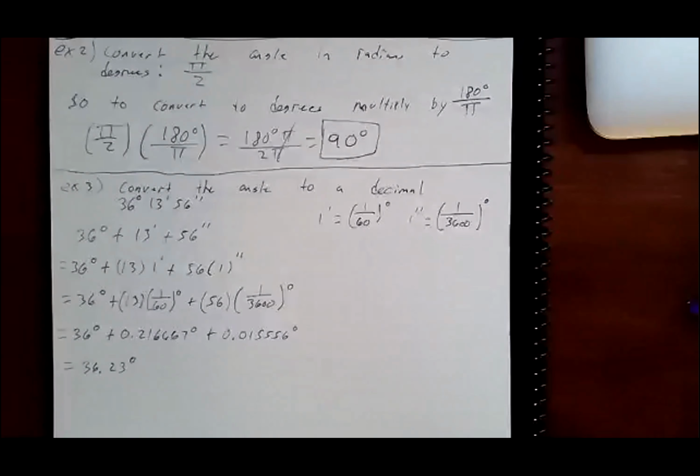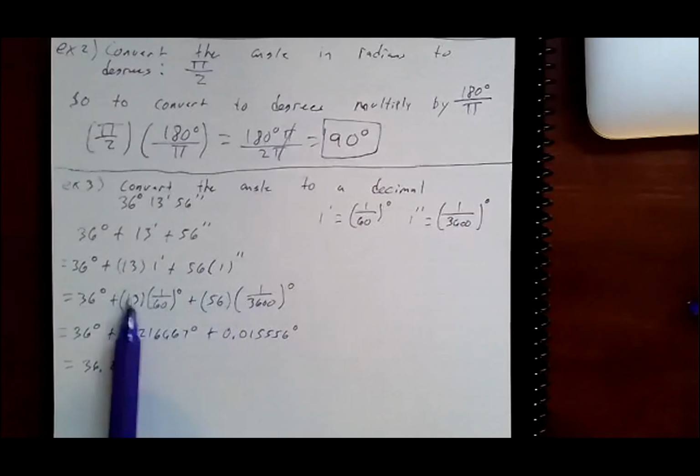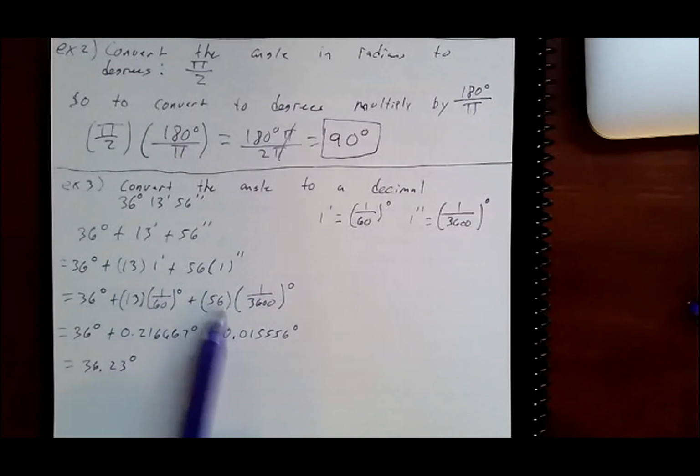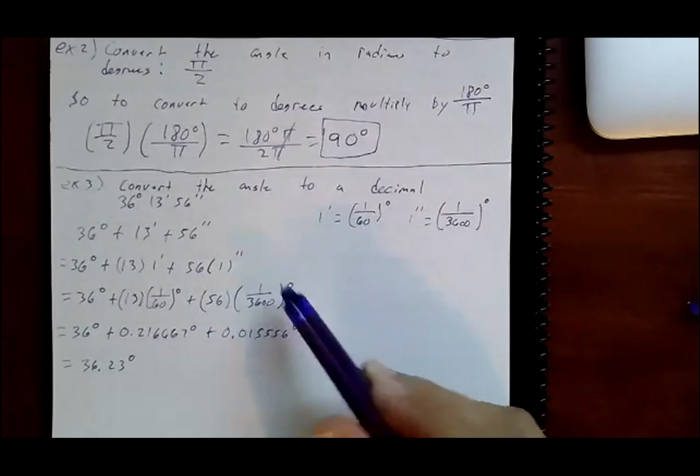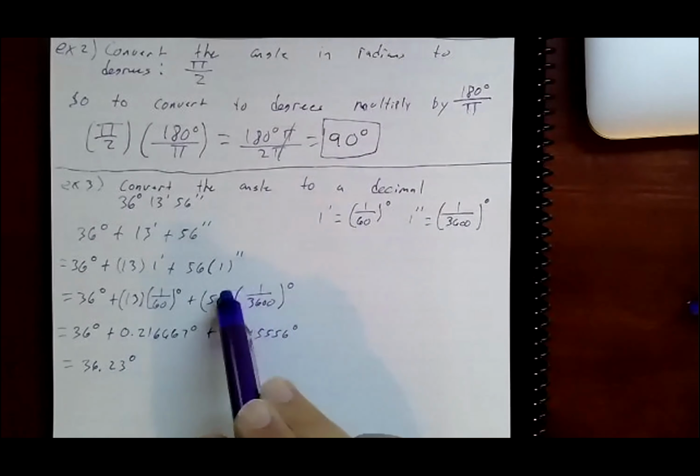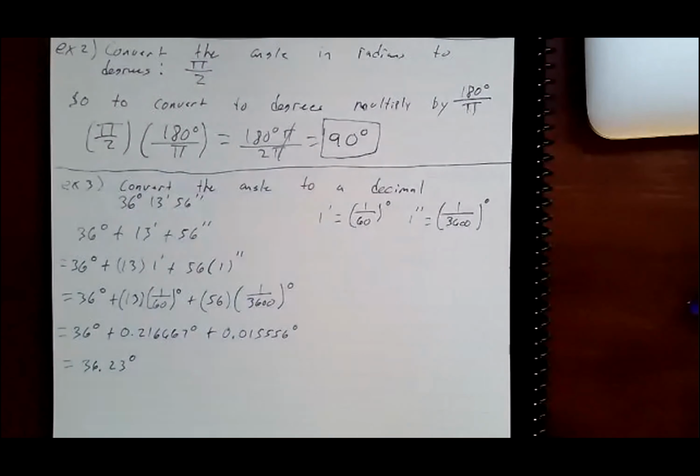And that's it. Do you have any questions on that? You can do these pieces all at once in your calculator if you want to, and then round accordingly. I just wanted to show more steps so you can see that this is being converted to degrees. That's all.